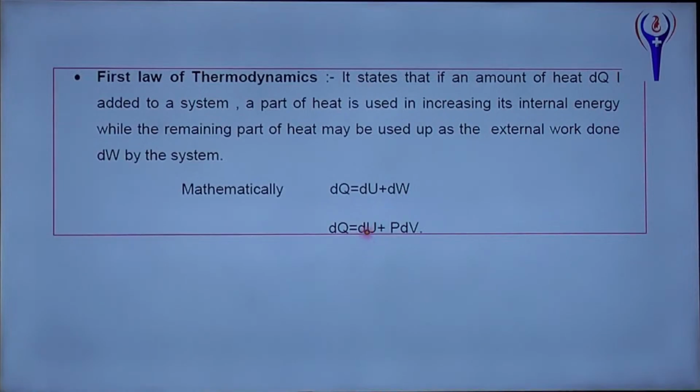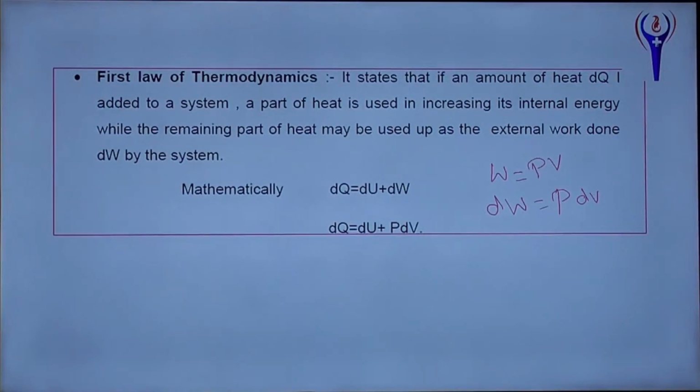Then dq equals du plus p dv. Actually, W equals pV is the formula. For dW, one thing will be constant, here p will be constant, and the variable is V, going from V1 to V2 or V2 to V1.